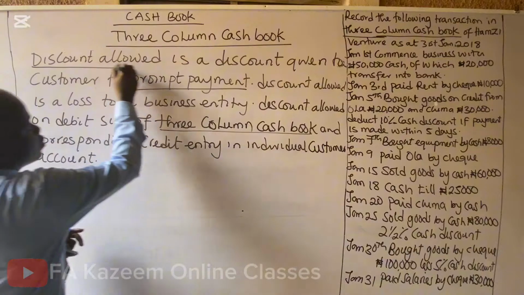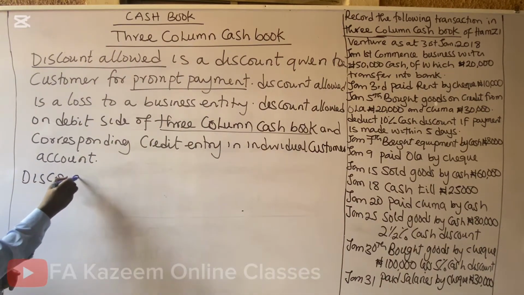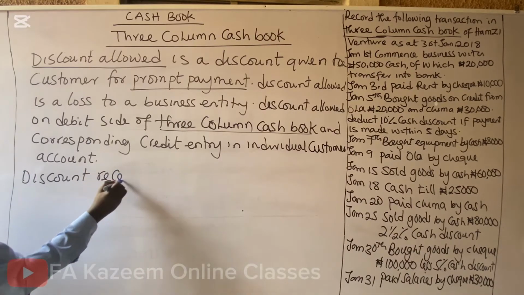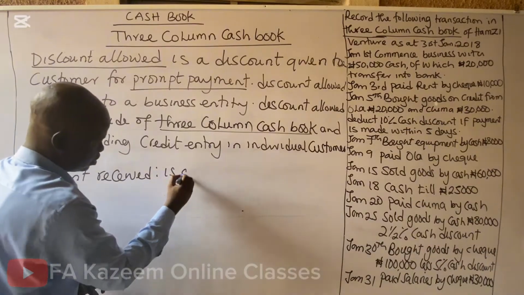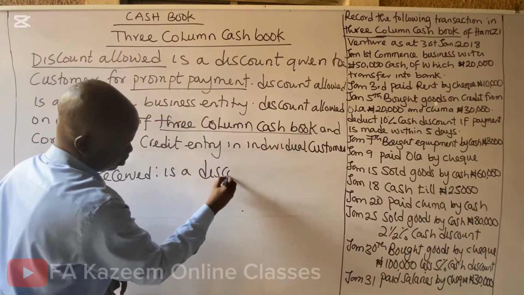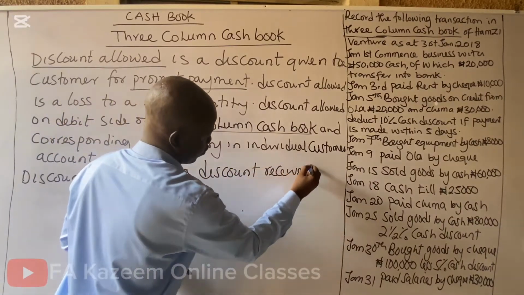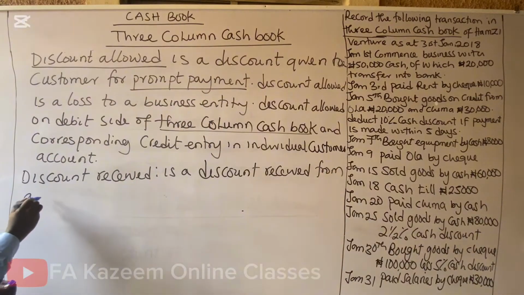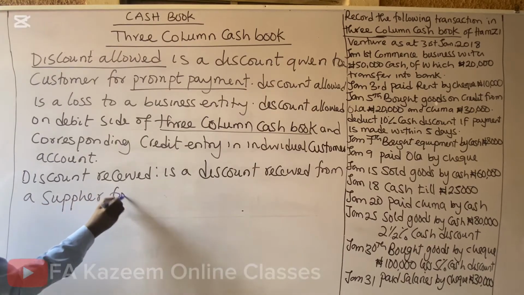There's discount allowed. Discount received is a discount received from a supplier for prompt payment.